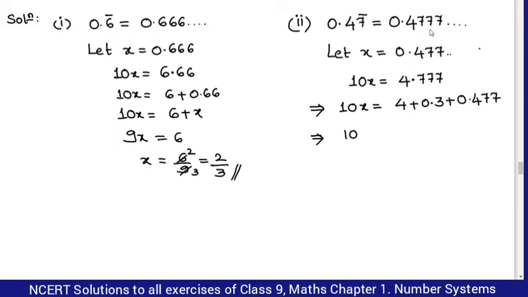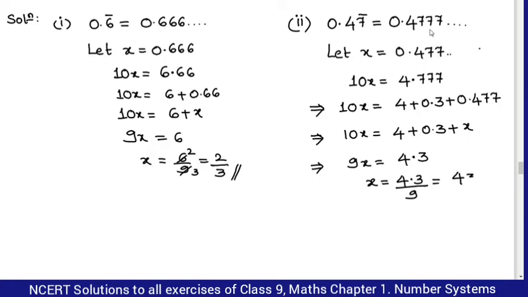This implies 10x is equal to 4 plus 0.3 plus x. Simplified, we get 9x is equal to 4.3. Then x is equal to 4.3 by 9, or 43 by 90.